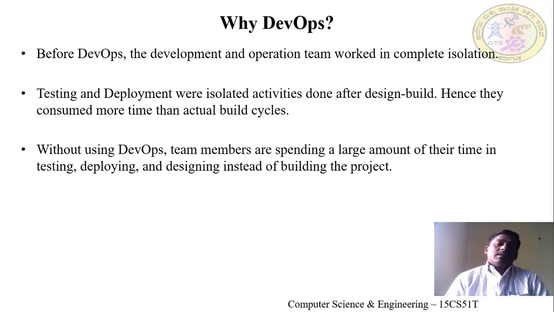The developers will develop the code, and after developing, they just give that code to the tester. There is not much communication between each and every team. There is almost complete isolation between each and every stage of development in the organization, right?